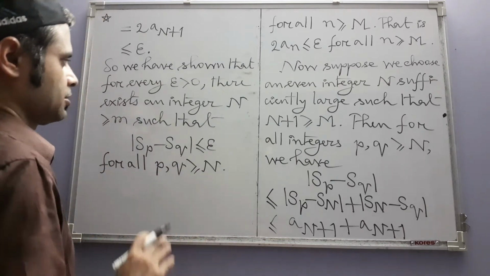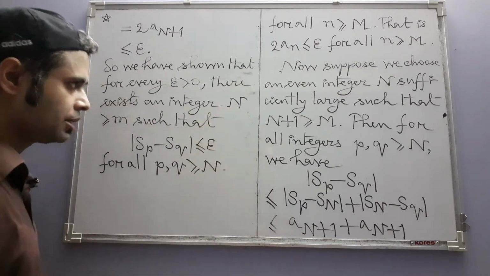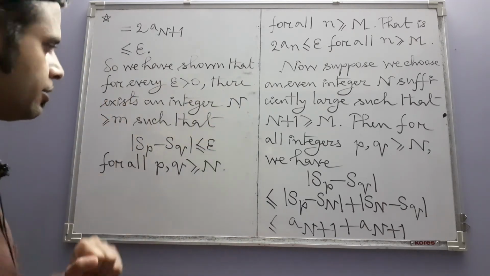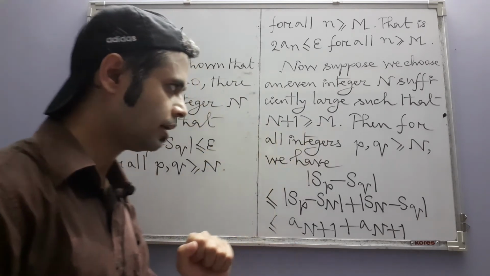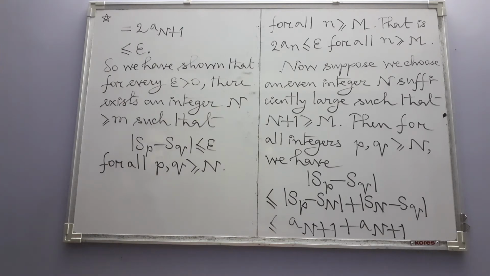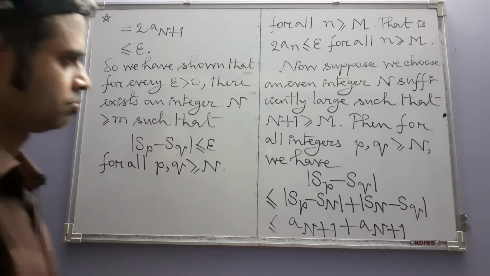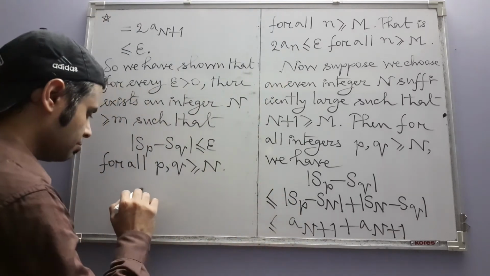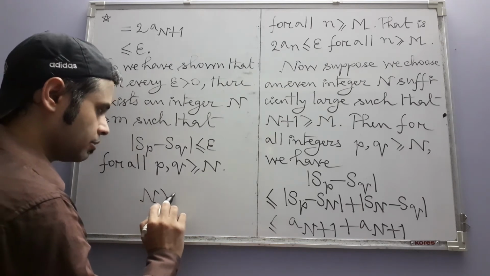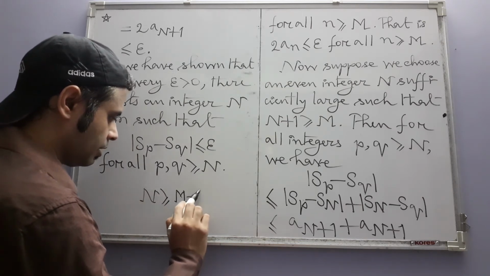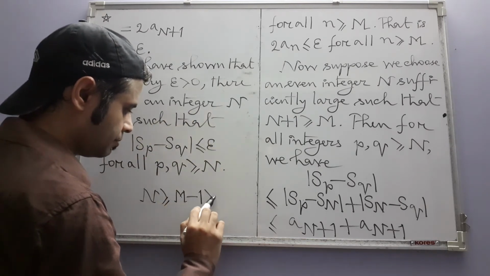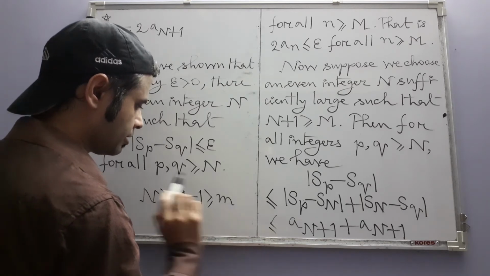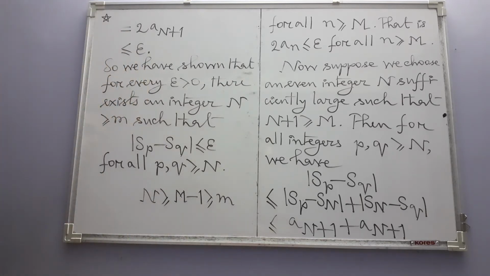So that confusion I was talking about. How are we concluding that this n is greater than or equal to n? Because you see, n plus 1 is greater than or equal to m. Okay, so what will that imply? That n is greater than or equal to m minus 1. Now I will have this provided m minus 1 is greater than or equal to m, which is not how I chose things, right?